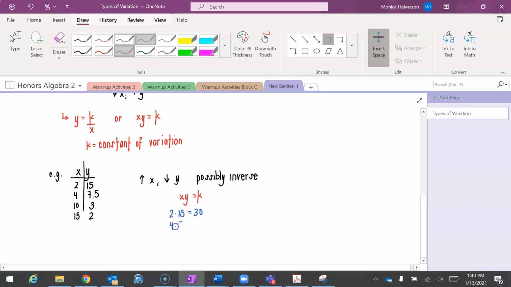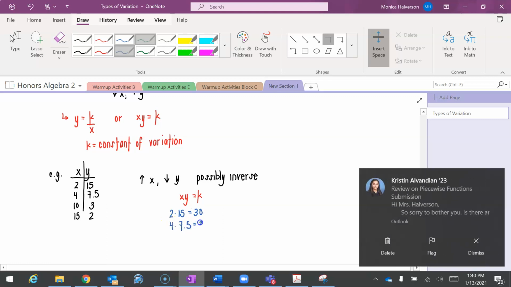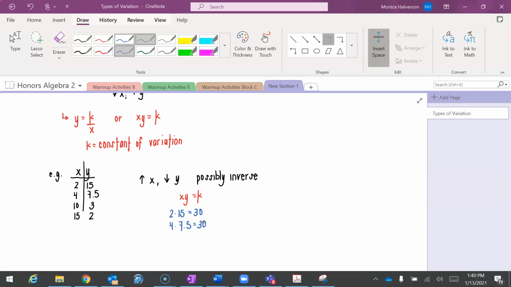Okay, 4 times 7.5, that equals 30. 10 times 3, well, that equals 30. 15 times 2, well, that equals 30. So we can say because all of them equal the same constant of variation, this is definitely an inverse function. Now, we can also identify that k equals 30.